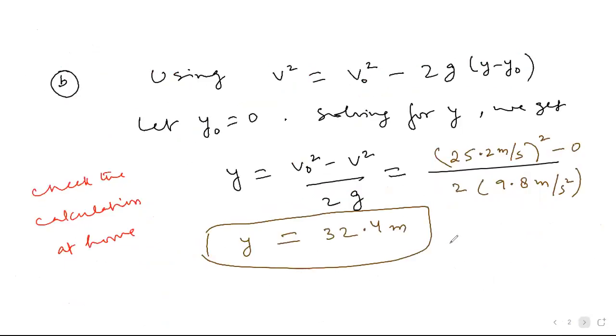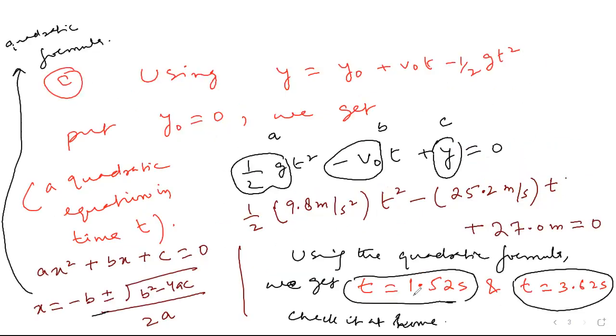Now, how is it possible for the ball to be at the same position at two times? We want to understand that. To understand that, we will find the velocity of the ball at these two times. Let us move.